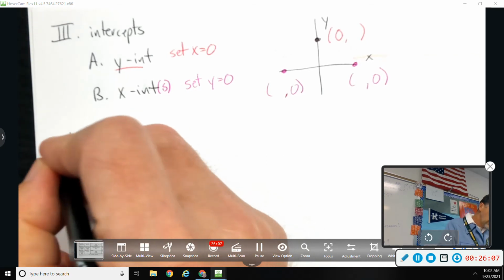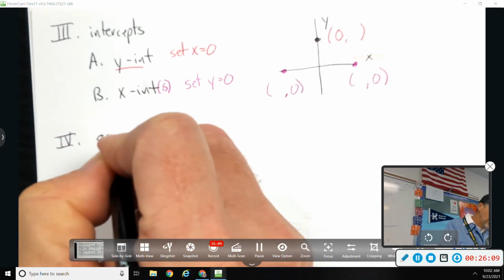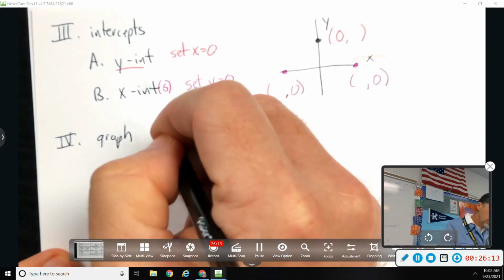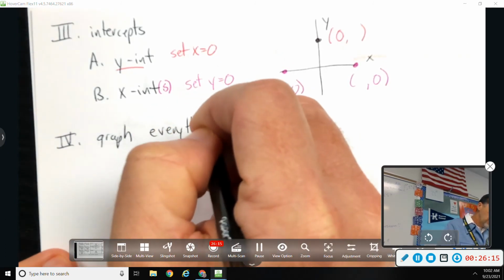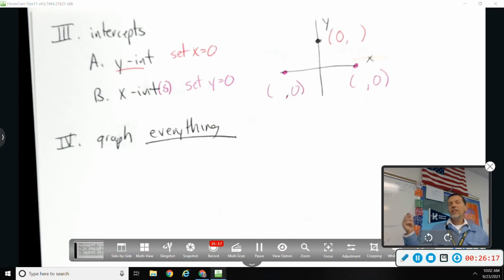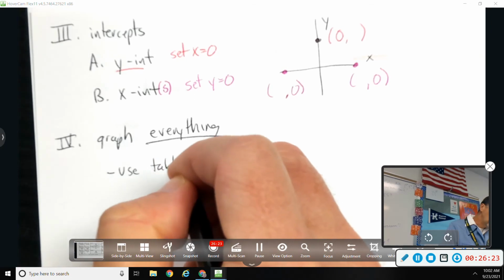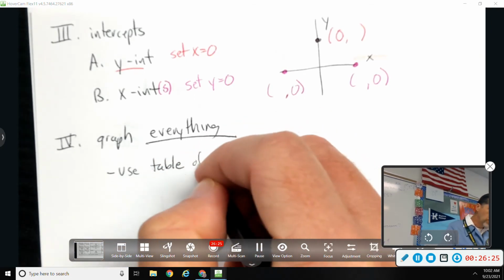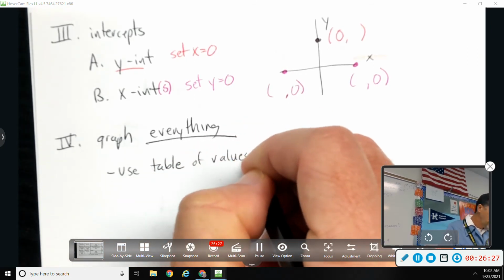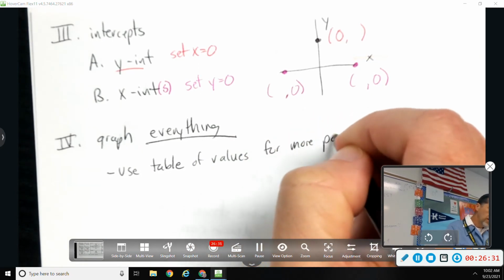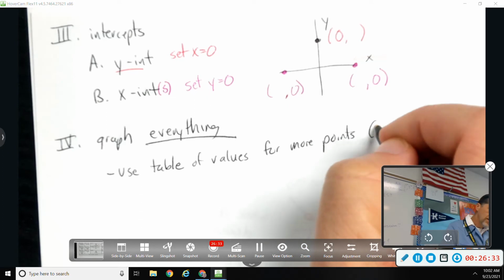And then lastly, Roman numeral 4. Basically, graph everything you know. And if you need to, use a table of values for more points, if needed.